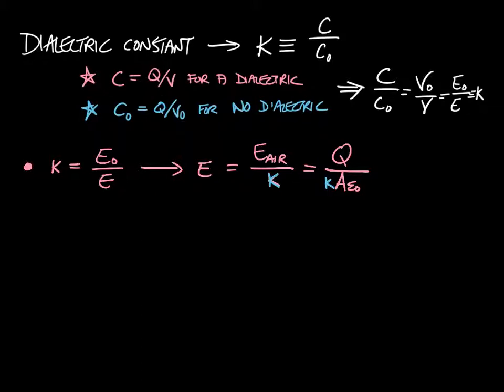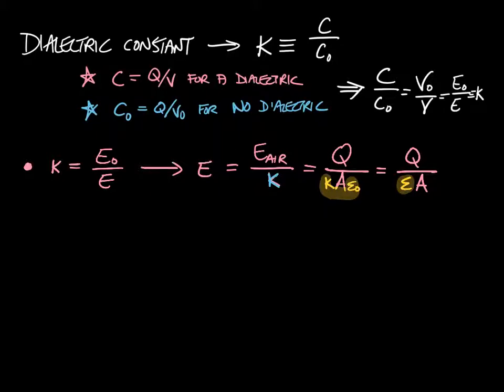And this just breaks down to, and here's where the little sleight of hand goes. What I've done here is this kappa epsilon naught can just be written as epsilon for a dielectric.